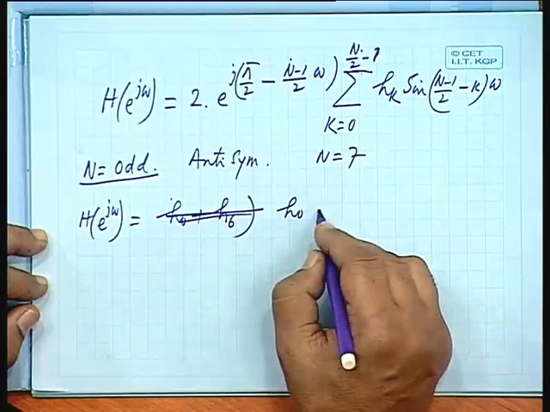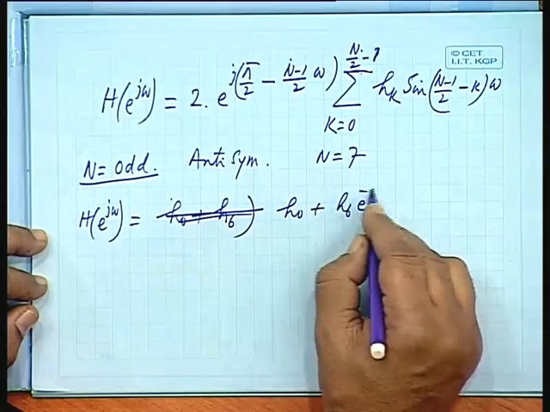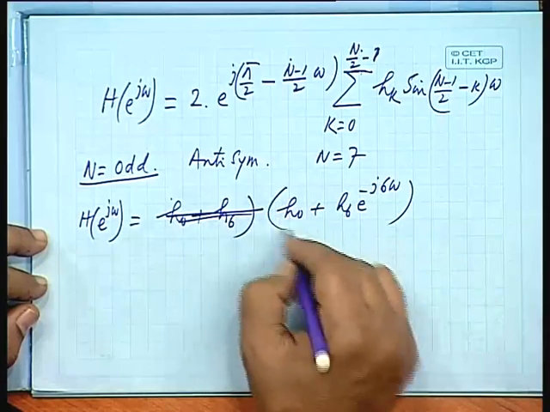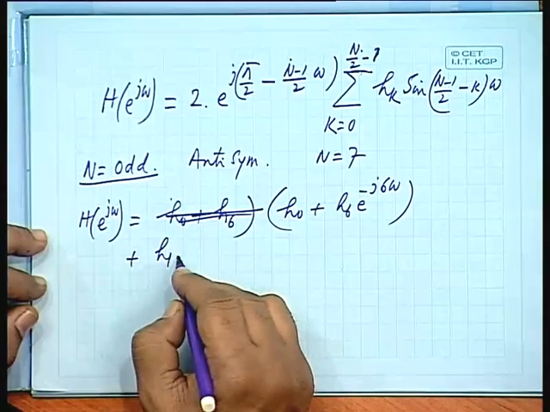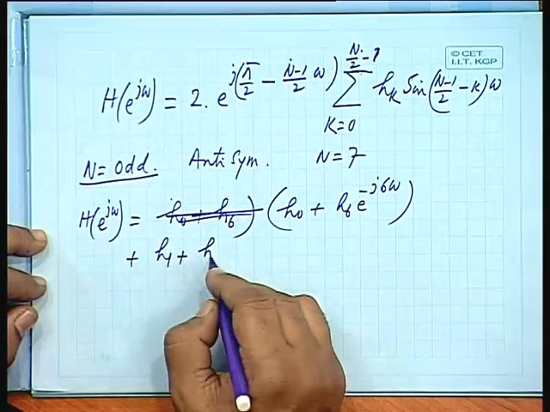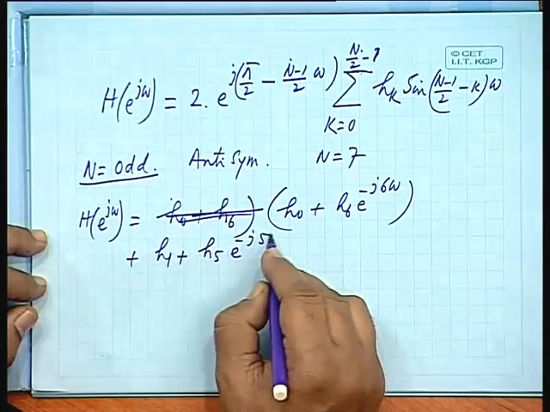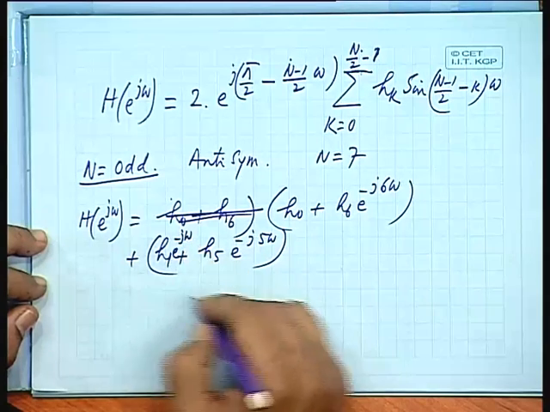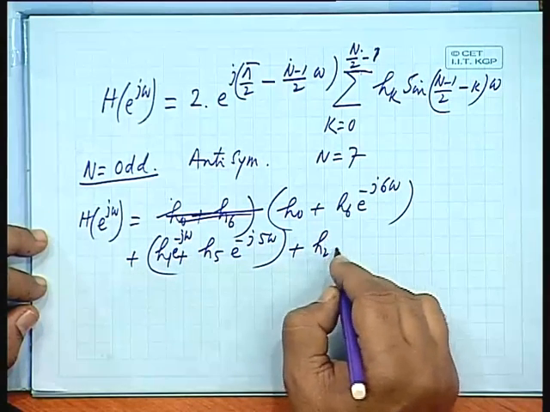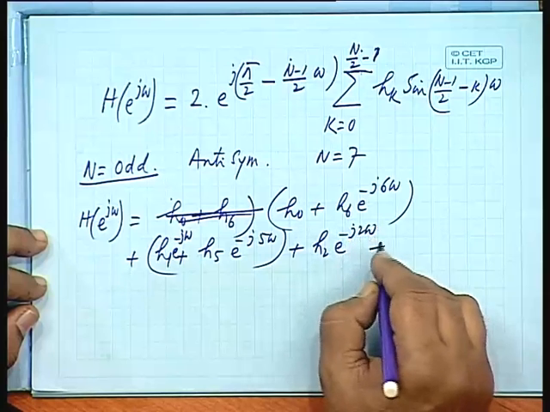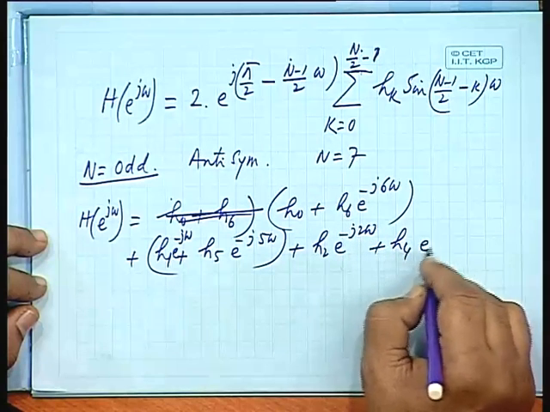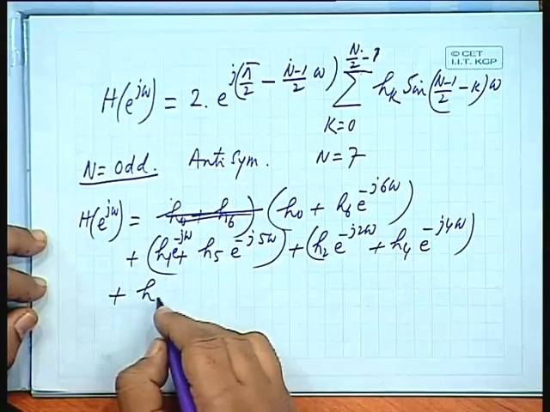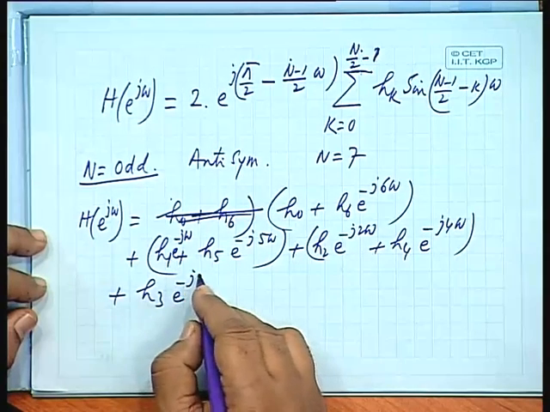H6 is minus h0, that I will substitute later, plus h1 plus h5 e^(-j5ω) e^(-jω). Then h2 e^(-j2ω) plus h4 e^(-j4ω) plus h3 e^(-j3ω).